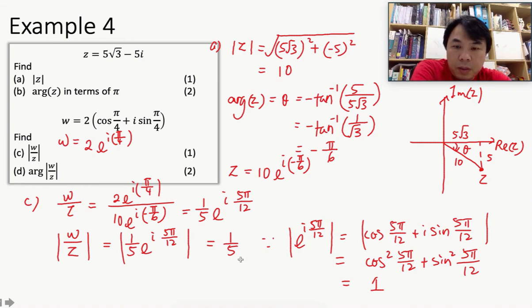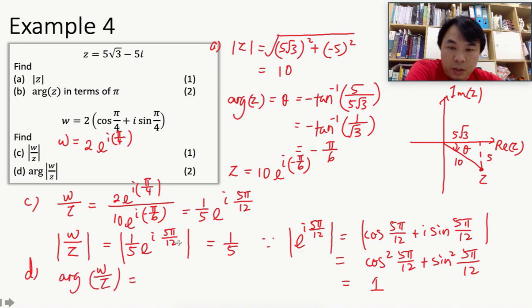Okay. Now its argument is much easier to obtain in this case based on the Euler form. So we know that the argument of this ratio is basically given by this term here, which is 5 pi over 12. And then this one actually falls within that domain of the argument lying between negative pi and pi.